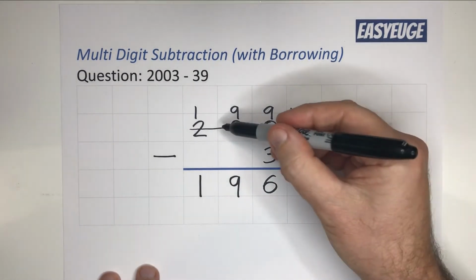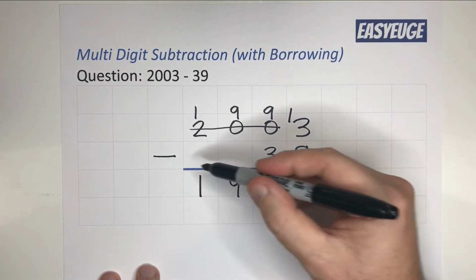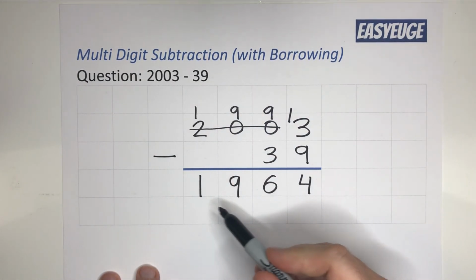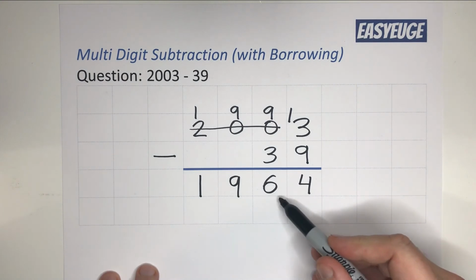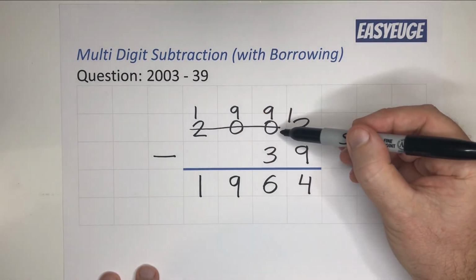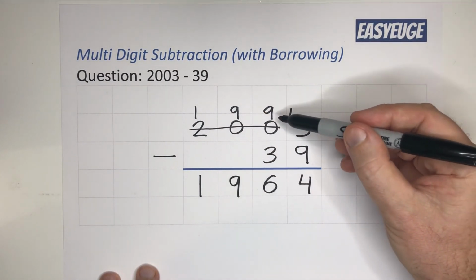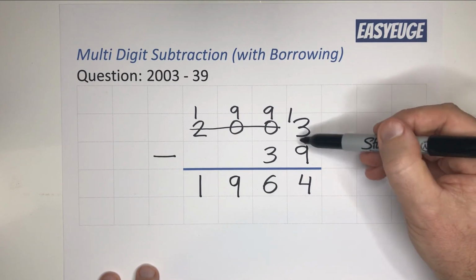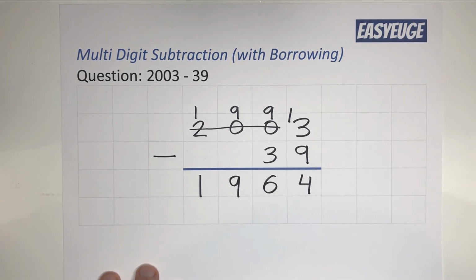So the answer to 2003 subtract 39 is 1964. So there's the trick. Hopefully it's nice and easy for you. We can put a line through the big number 200, bring it down by 1 to 199, and give that 1 to the number 3 who needed it.